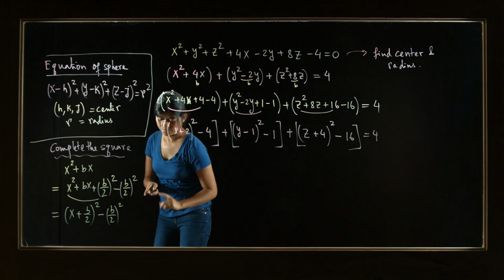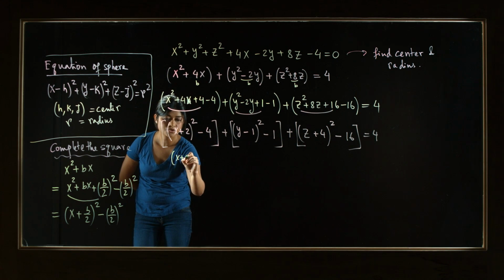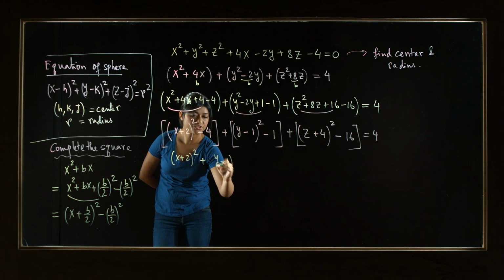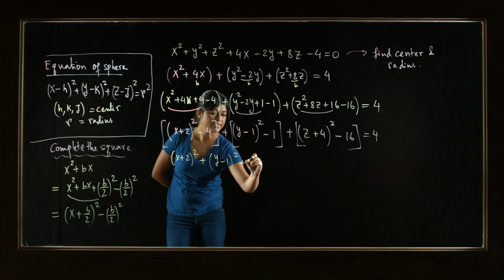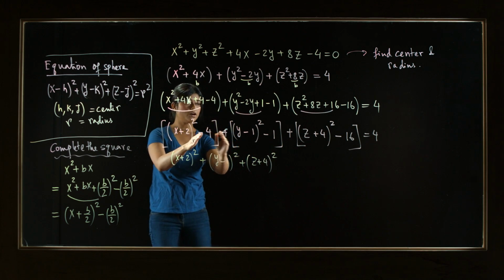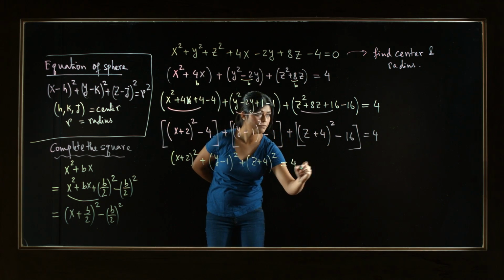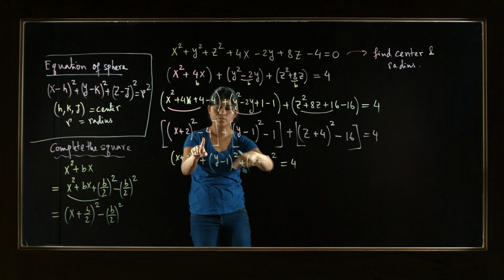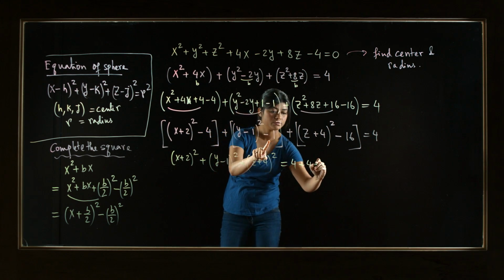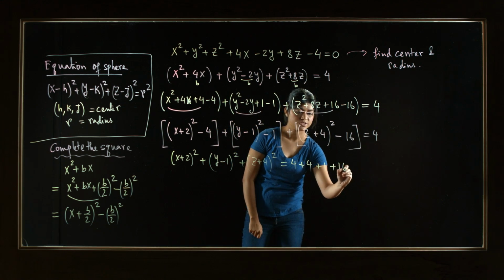Okay, let's rewrite this one more time. So we have x plus 2 square, and then we will have y minus 1 square, and z plus 4 square. And then all the constants, let's take it to the right hand side. We already have a 4, and now this negative 4 will go to the right side as positive 4. The negative 1 will become positive 1, negative 16 is positive 16.